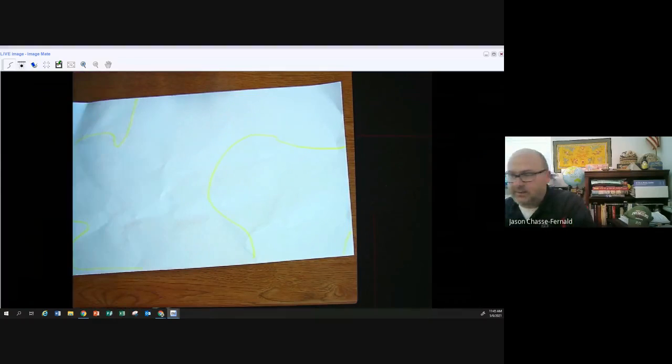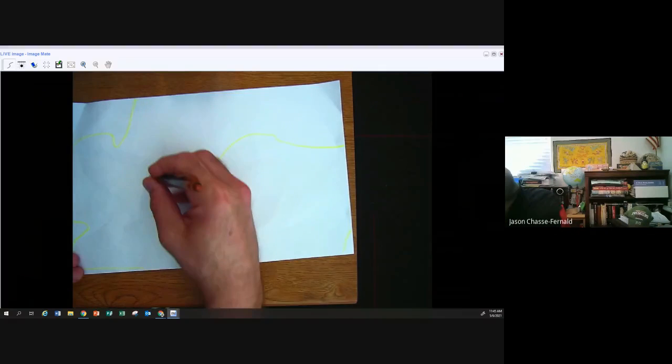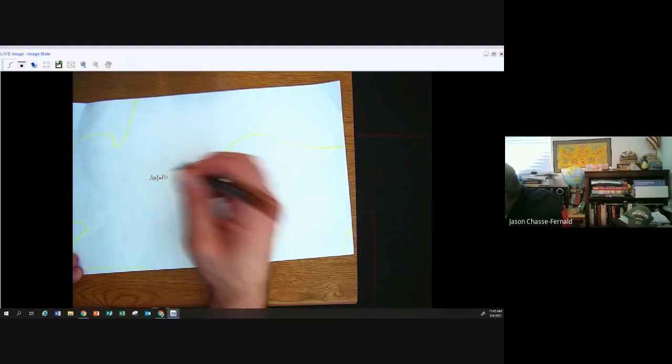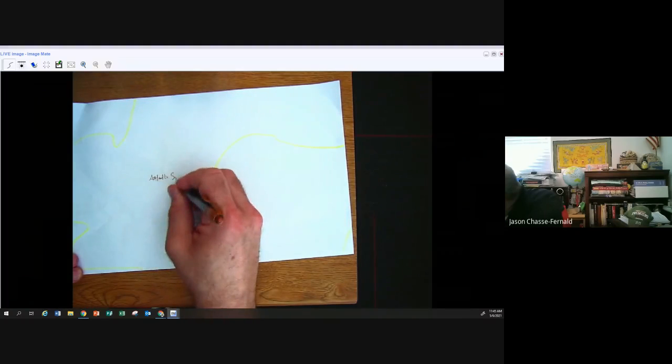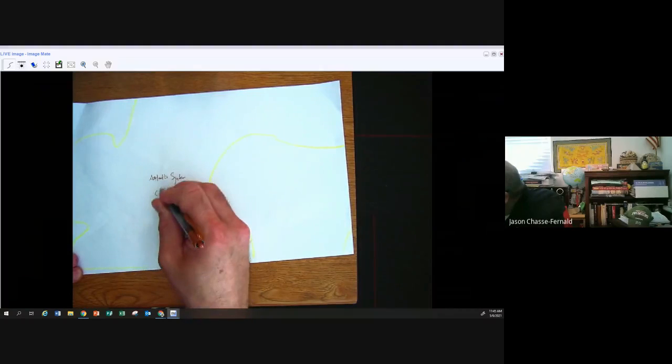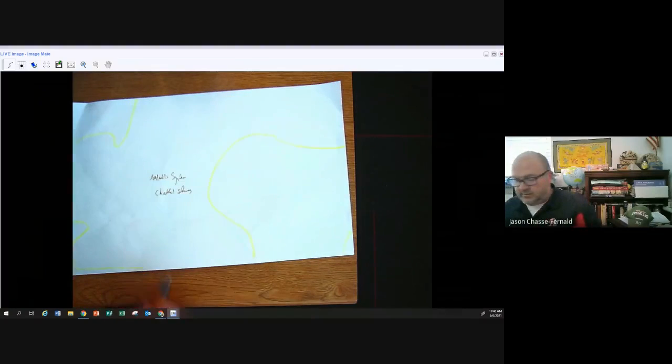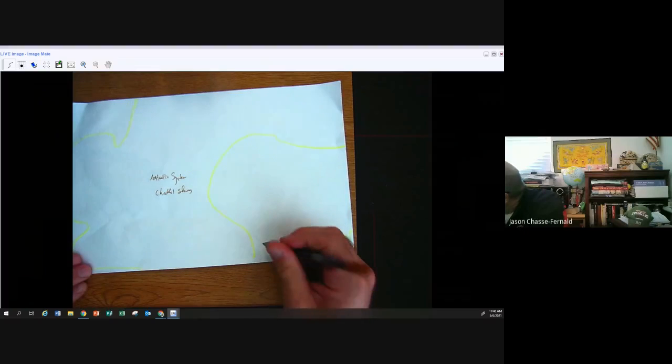If we're talking about chattel slavery, the Atlantic system, first off, where are the origin points? Where are the destinations?